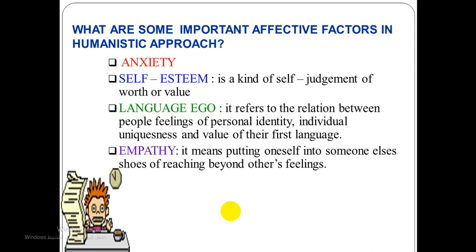Just think about this question: what makes the affective humanistic approach unique? The affective humanistic approach sees the human being as a whole person. The content is decided by the student.